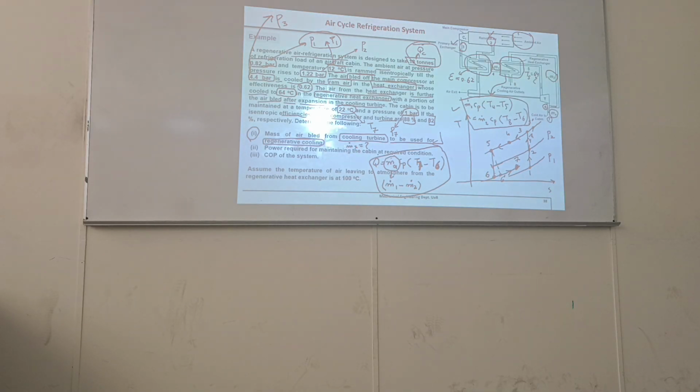But before that, we need to know all these temperatures. T5, T6, T7, T8. T8 is, by the way, given here. Assume the temperature of the air leaving to the atmosphere from the regenerative heat exchanger is, that is T8. Okay. If this temperature is not given, then you will decide something.